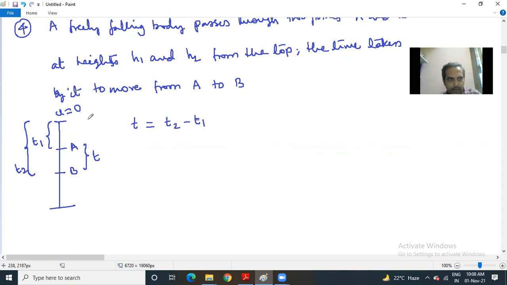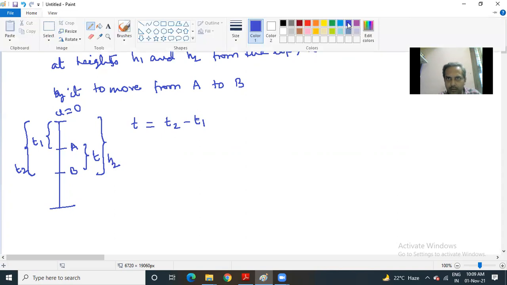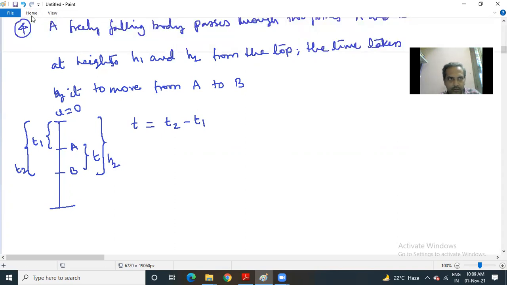This is going to be H2, and this is going to be H1. So the distance from the topmost point to A is H1. Topmost point to B is H2.